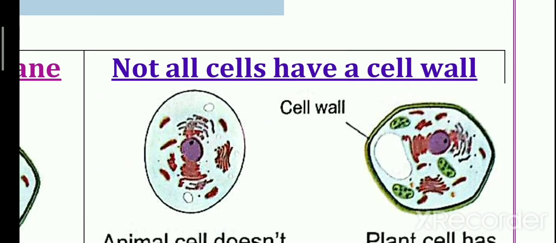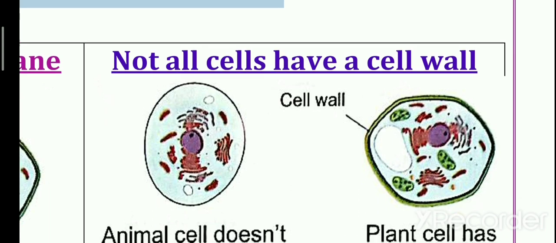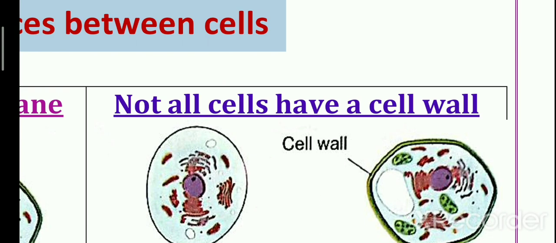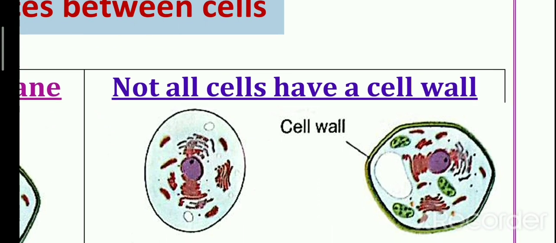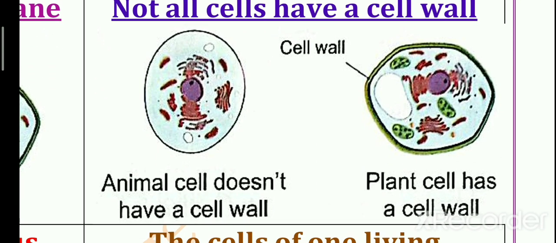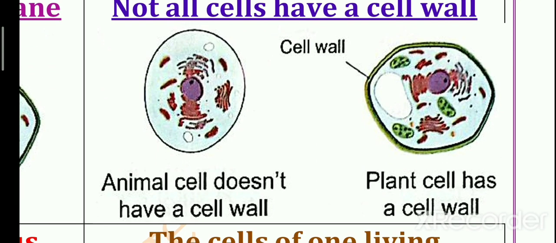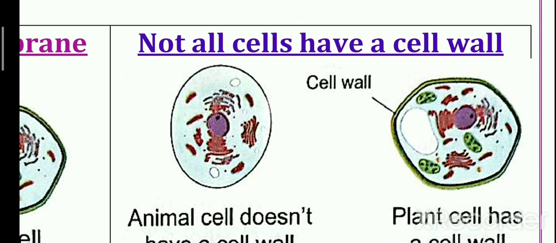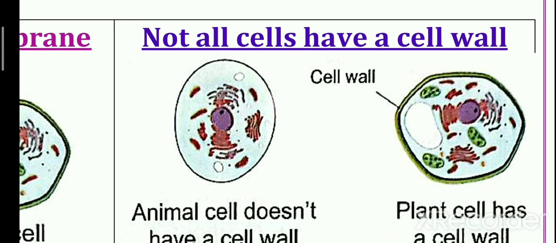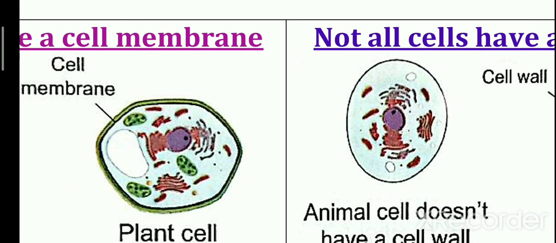So we say that not all cells have a cell wall. Which cell has a cell wall? Right, plant cell. And which cell doesn't have a cell wall? Excellent, animal cell. So a plant cell has a cell wall, so it has a definite shape. An animal cell doesn't have a cell wall, so it doesn't have a definite shape.